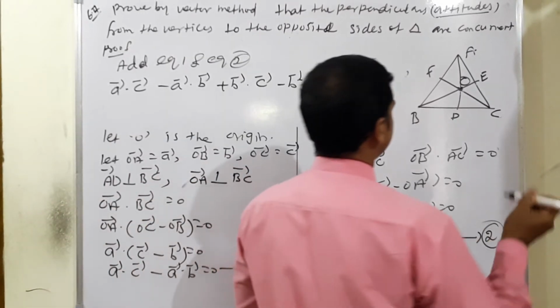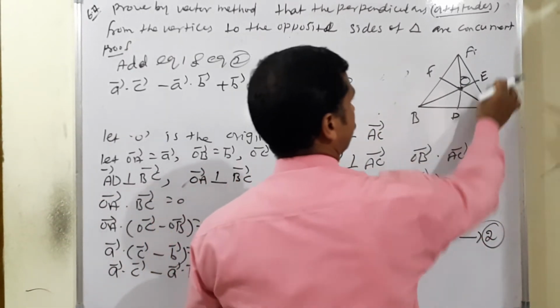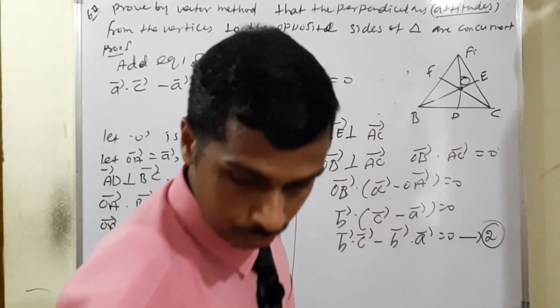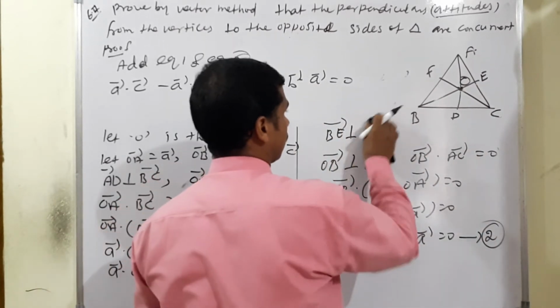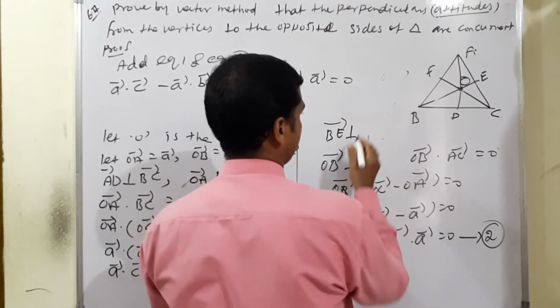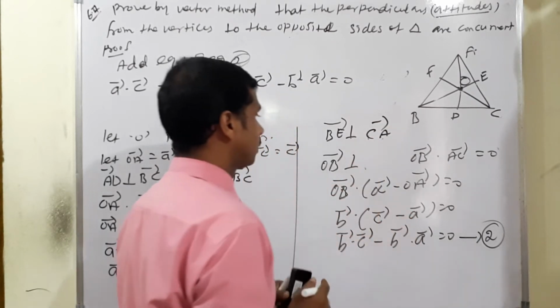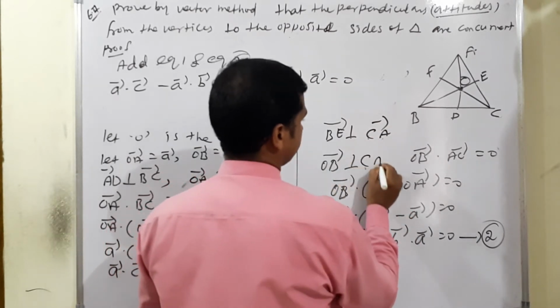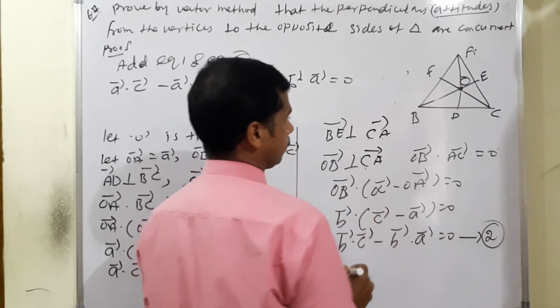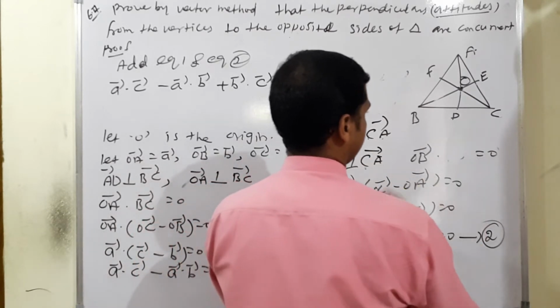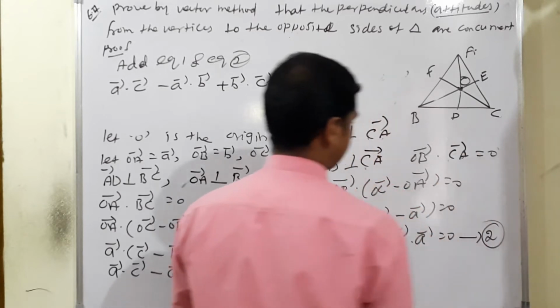Sorry my dear, this is B perpendicular to CA, no? B perpendicular to CA. CA means what will happen? CA is definitely also a CA vector.